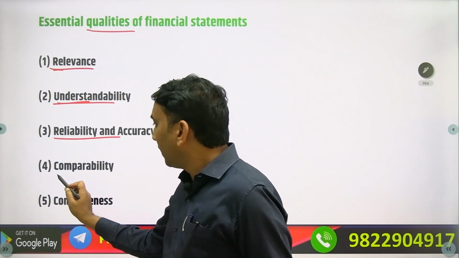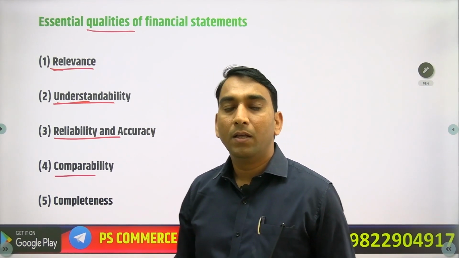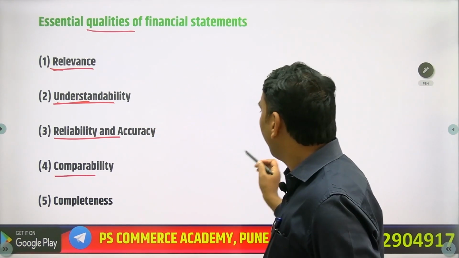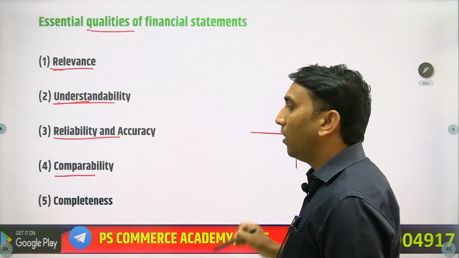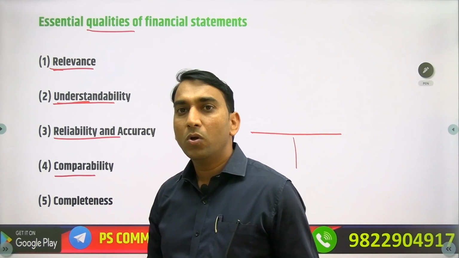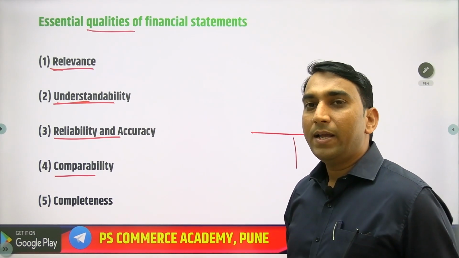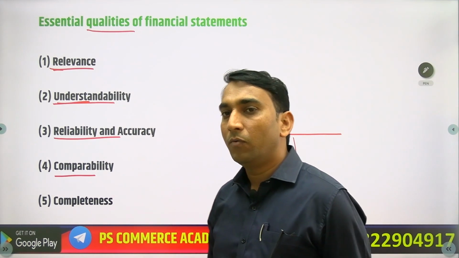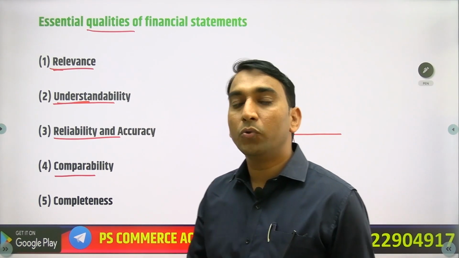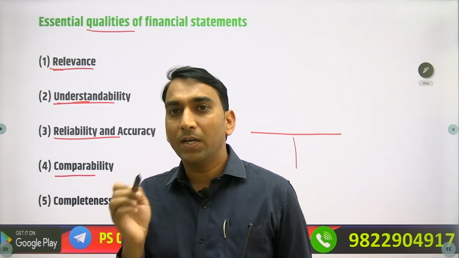Then after that comparability. Comparative का मतलब होता है कि we should be in the position to compare that transaction or compare the position, and that is why the Companies Act 2013 prescribes that you have to show the previous year figures with the current year figures.